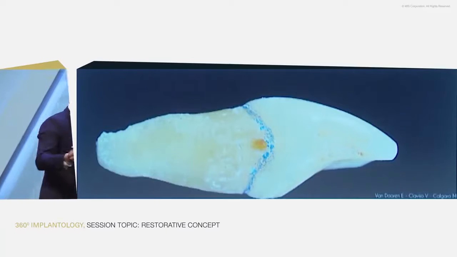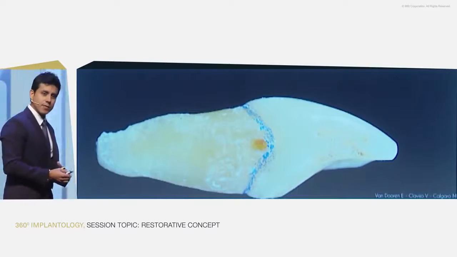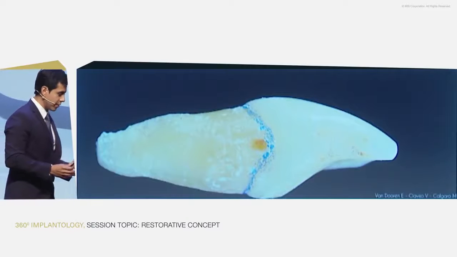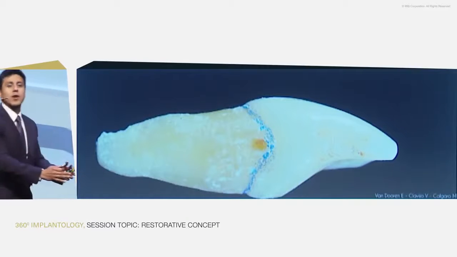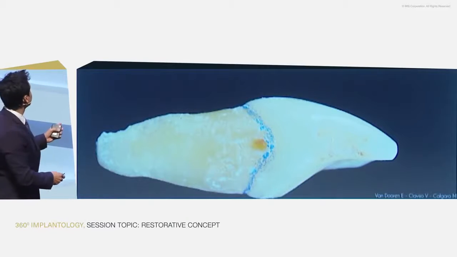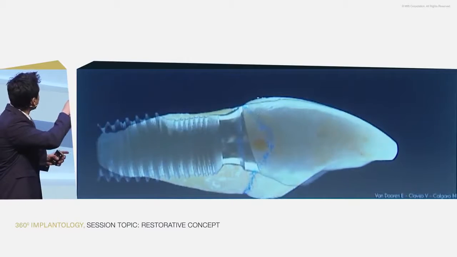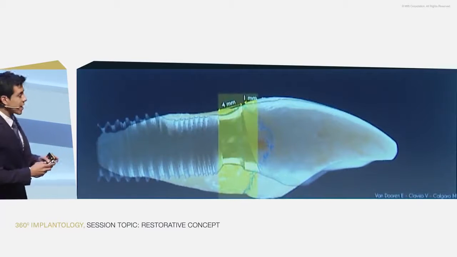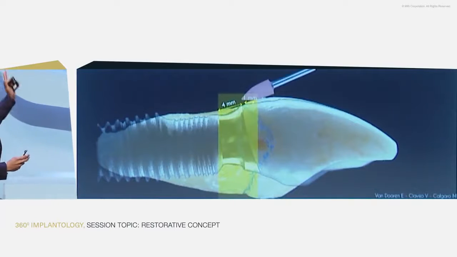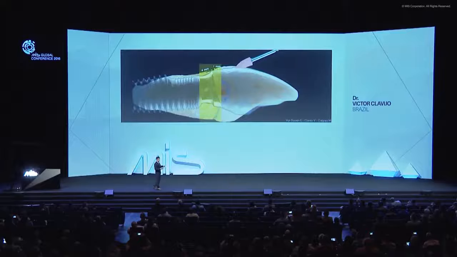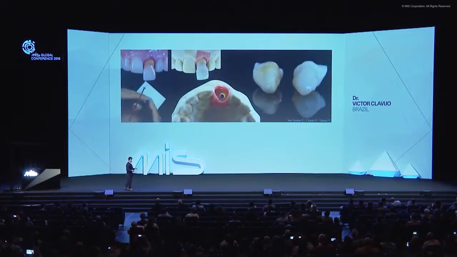Okay? And also, if you want the tissue to come a little bit coronally, you can remove a little bit in the area of the emergence profile. You can create the emergence profile a little bit straighter so the gingiva can go coronally. So that way we can improve our tissue around the implant.